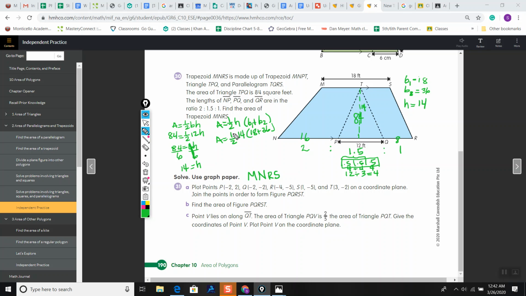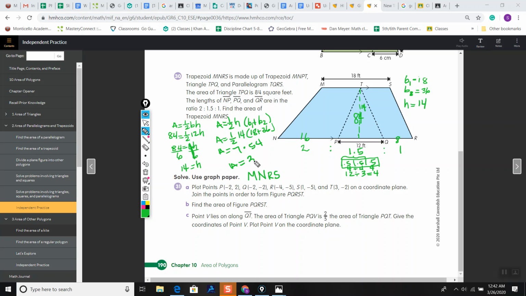Let's simplify. We don't need to carry that 1/2 anymore because we're going to simplify. So 1/2 of 14 is 7. And then 18 plus 36 is 54. So what's 54 multiplied by 7?